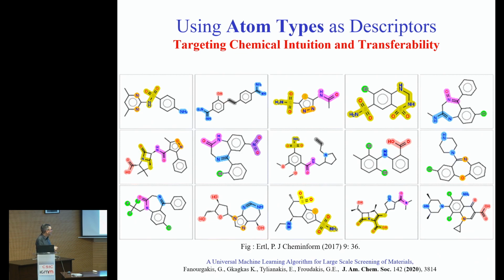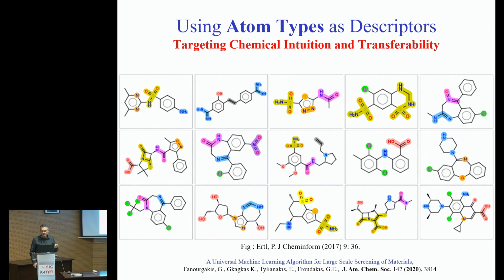And we thought about atom types. Atom types are a very old story in chemistry. They are used in classical potentials in order to simulate the interactions between different atoms and molecules.